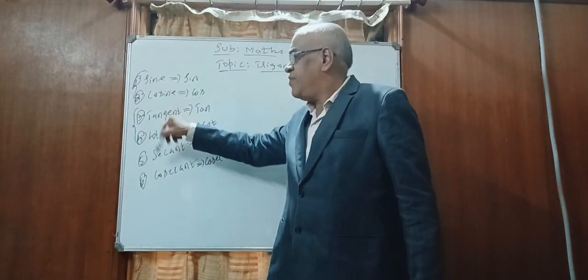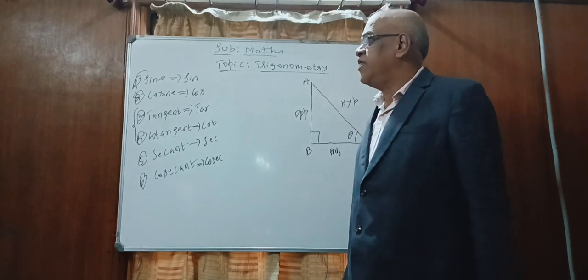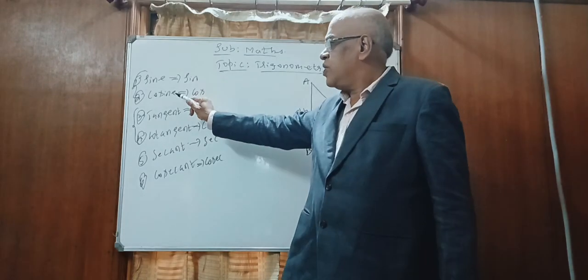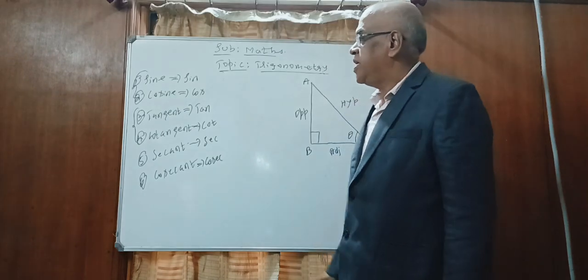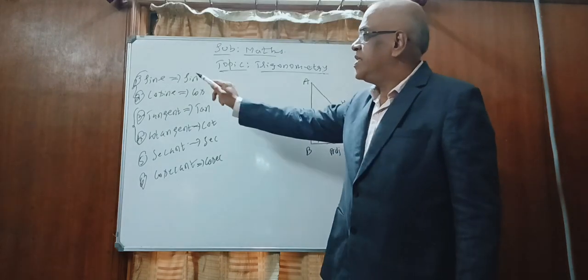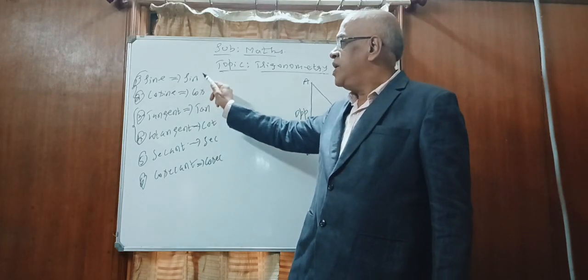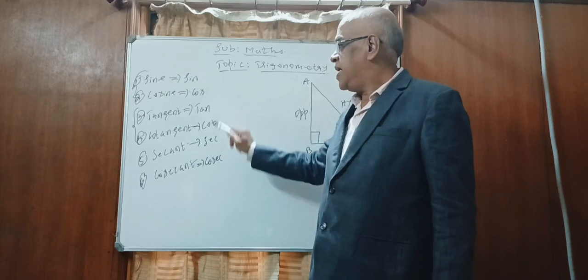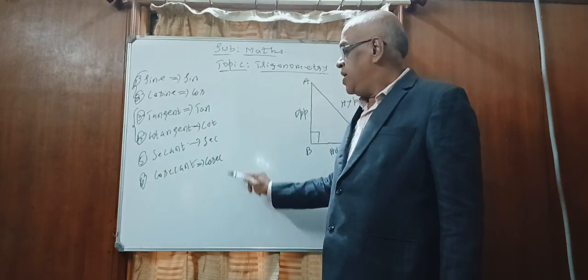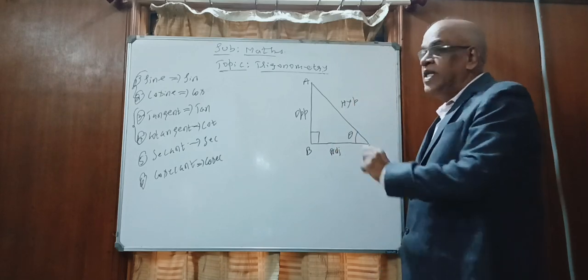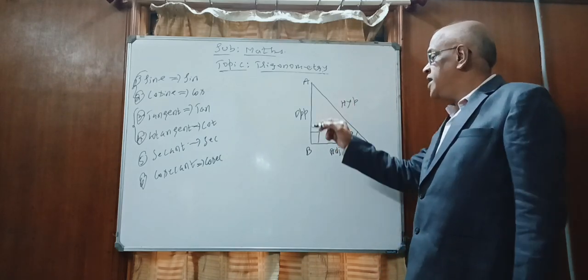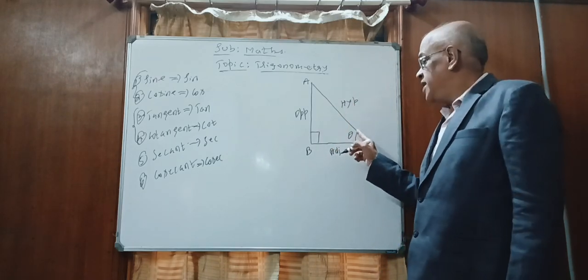Now, I will revise again. What are these six functions? Trigonometric functions: sine, cosine, tangent, cotangent, secant, cosecant. Now, if you write these names alone, they have no meaning. We have to mention the angle. What is the angle here? Theta.